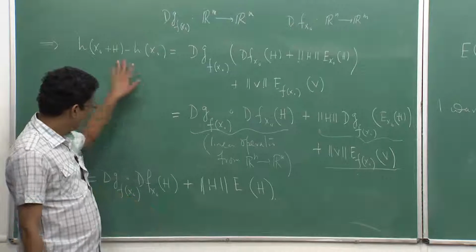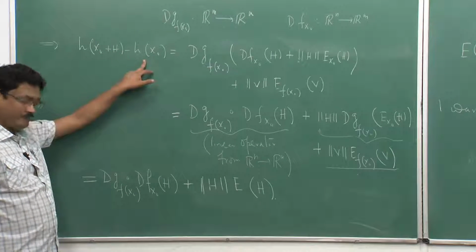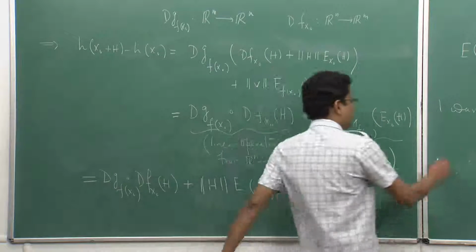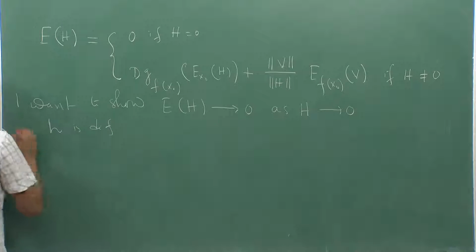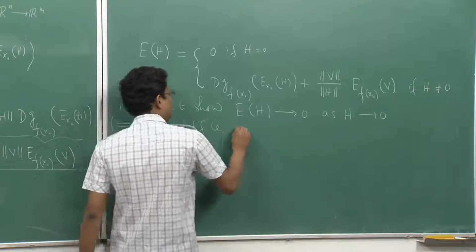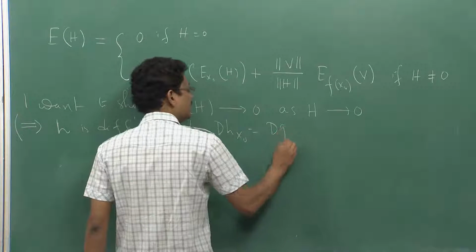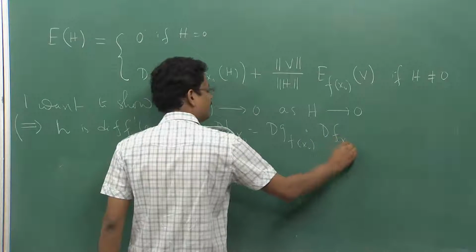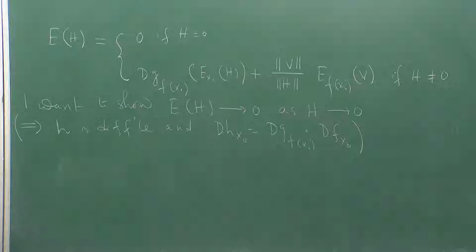Then I will have, first of all, that h is differentiable, and d h at x naught is d g at f x naught composed with d f at x naught. Okay, this is the last part I have to show.